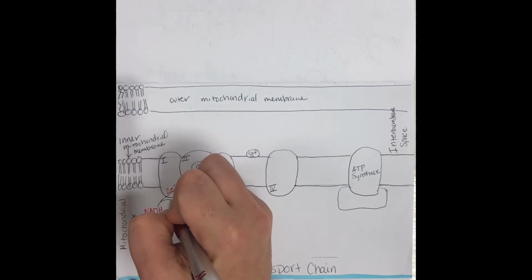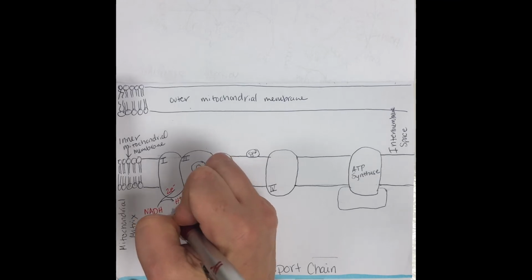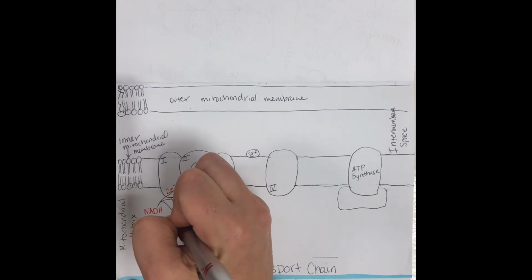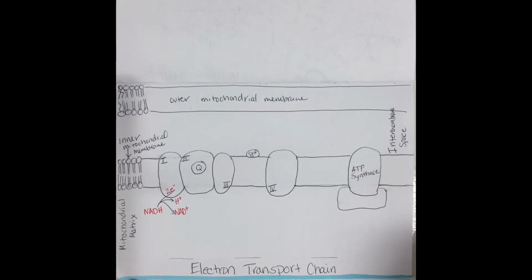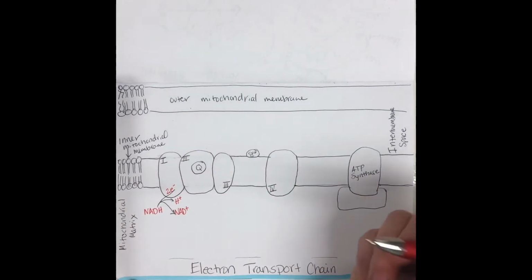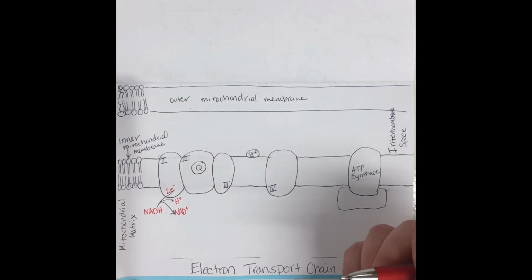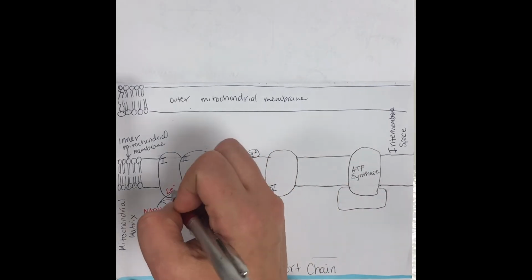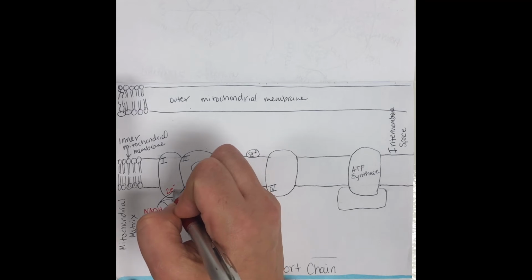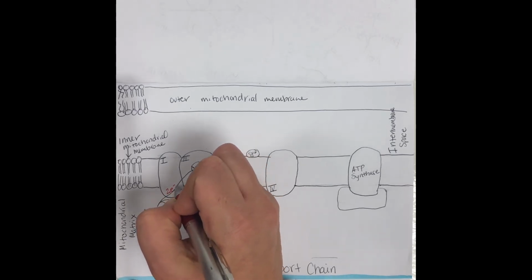All right, so that's the first thing that happens. This NAD+ that's released can then go back to the Krebs cycle and be used again to pick up more electrons. These 2 electrons are going to be passed onto this little Q protein. This is a little guy.